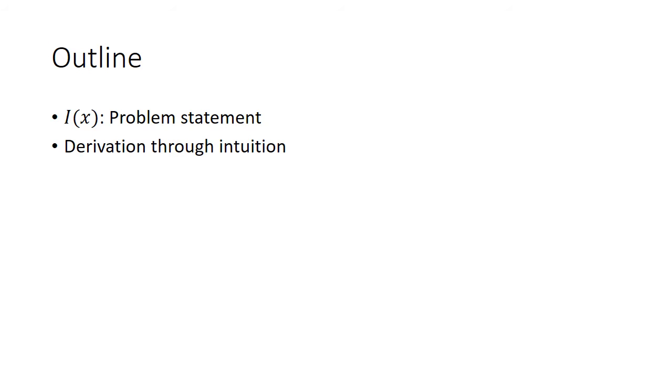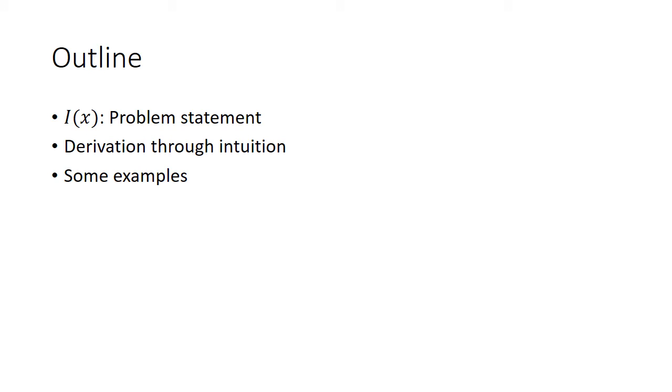Now, moving on to the outline of this presentation, we shall be discussing the problem statement, basically the problem statement of how to measure information. We shall be deriving the information expression through intuition. So we'll be talking a lot about intuition. We'll be talking about some examples, and then we'll figure out what function is a good measure for measuring information.